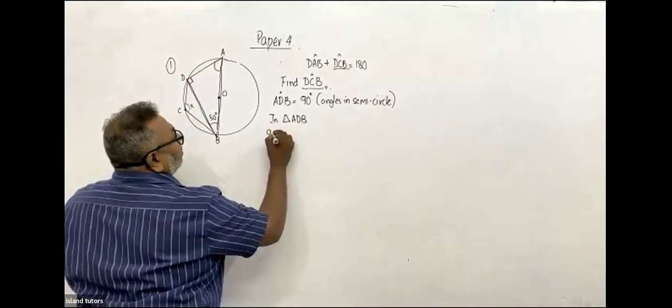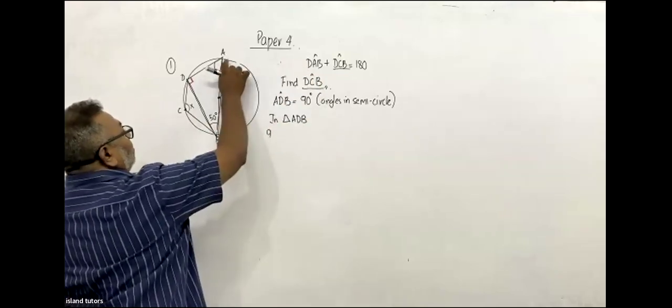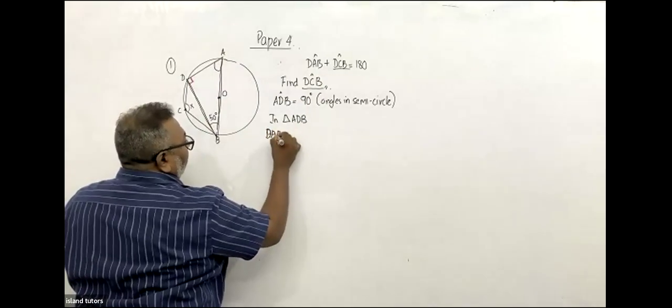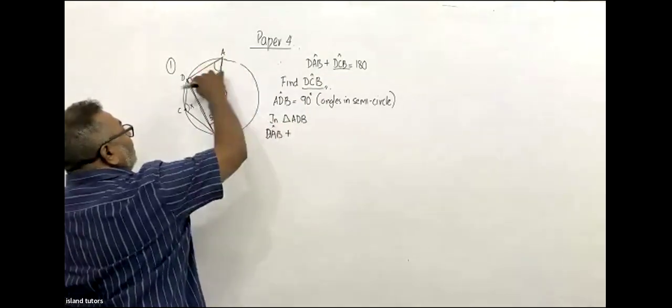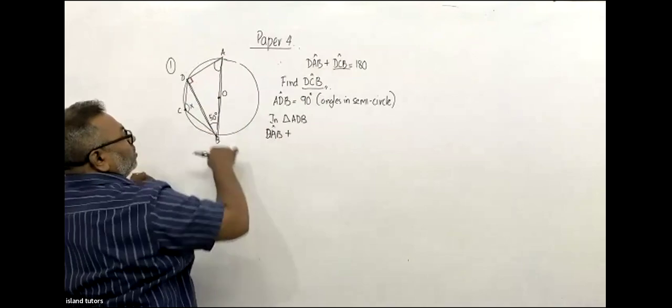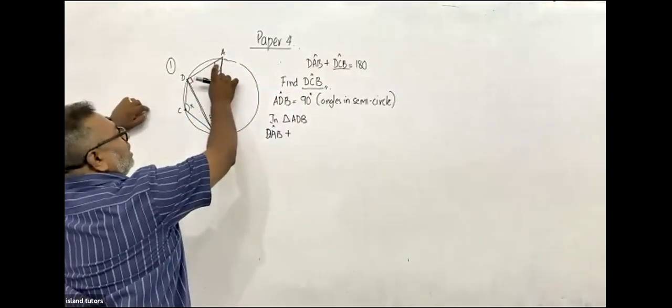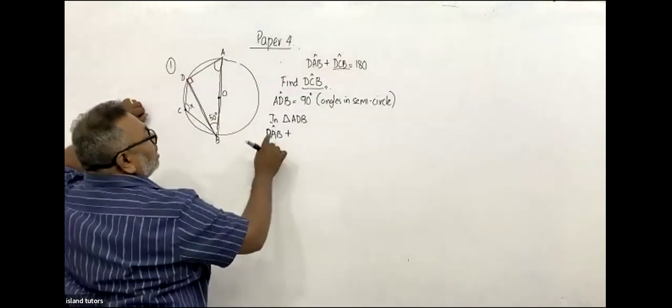So you don't know the DAB angle, plus the DCB angle, we don't know, right? So you're going to find out the DAB angle. How do you find that out?